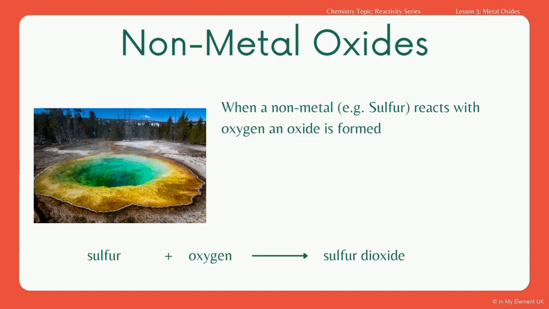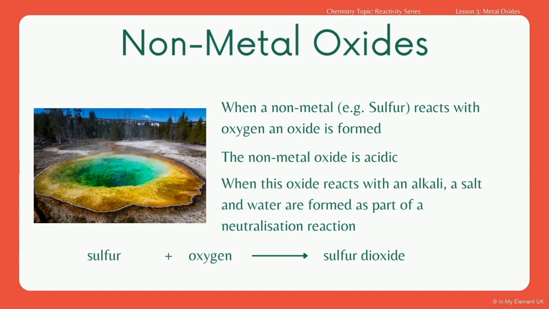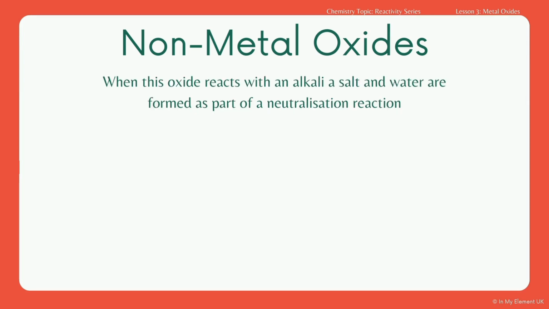Now, the difference with the non-metal oxides is that they're acidic. So make a note: metal oxides are alkaline, non-metal oxides are acidic. So that means it will react with an alkali, again a neutralisation reaction, and again a salt and water are produced.